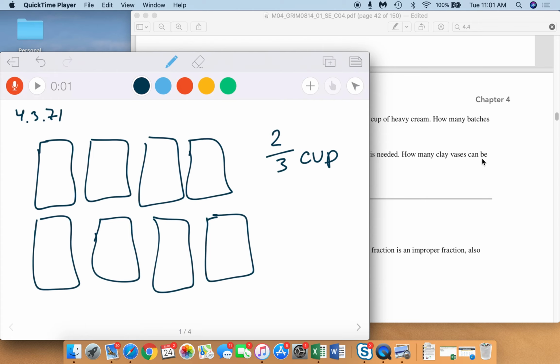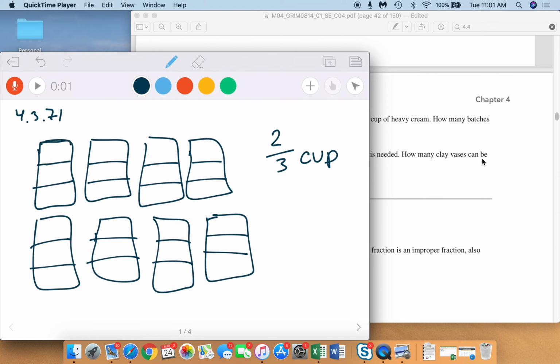So the idea is if these were each split into thirds. I'm going to show you the picture so you can visualize, and then I'm going to show you how to do the math. Okay, so here's one batch. Here's 2 batches. Then this third and this third makes a third batch.